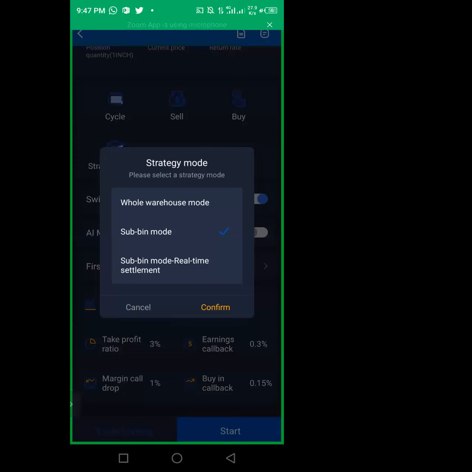That is where it will add your profit to the total profits when it finally sells. But with this one, even when your coin has dropped and your robot is busy buying the margins and selling them, it will be giving you the profits. Your coin might have reduced by 20%, but you are still making sub-bin real-time settlement sales profits from that coin.